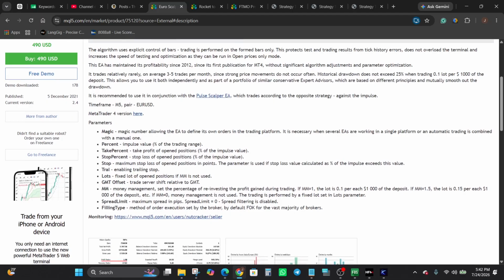Now, regarding requirements and parameters, the developer specifies that Euro Scalper is optimized for the M5 time frame on the Euro USD currency pair.